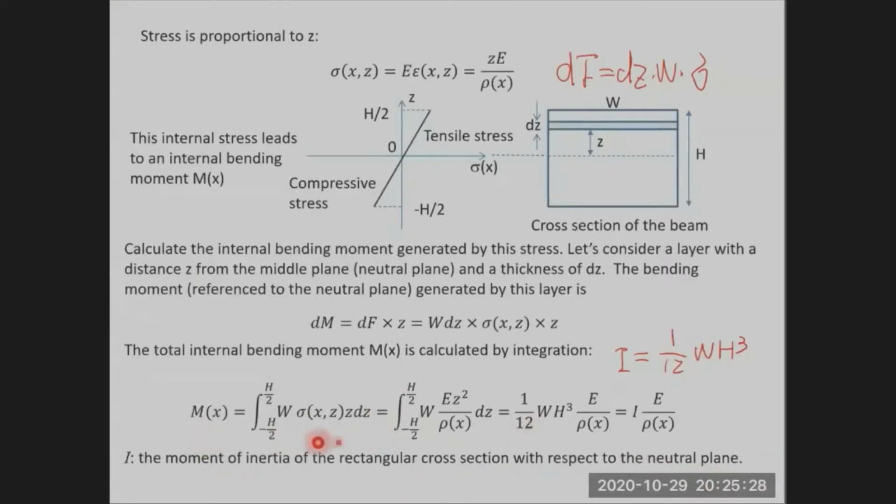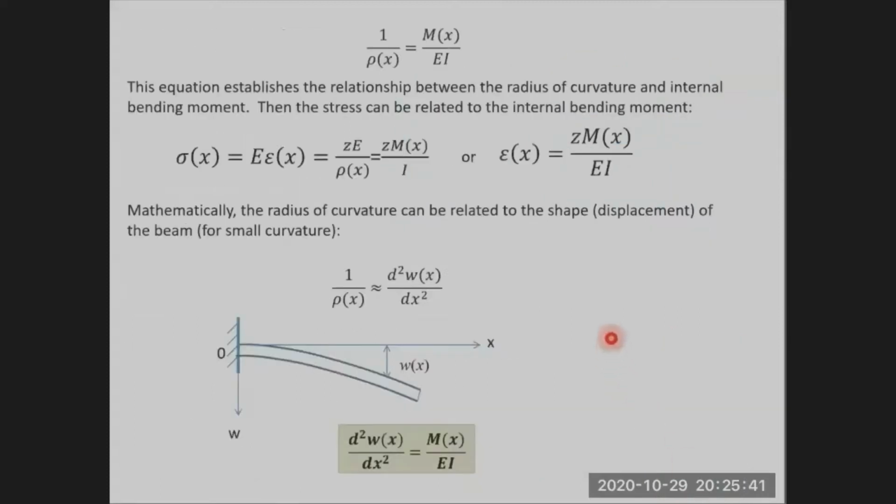So this equation relates the internal bending moment to the bending radius, rho of x. We can rearrange the previous equation. 1/rho, the reciprocal of the bending radius, is equal to M(x) over EI.